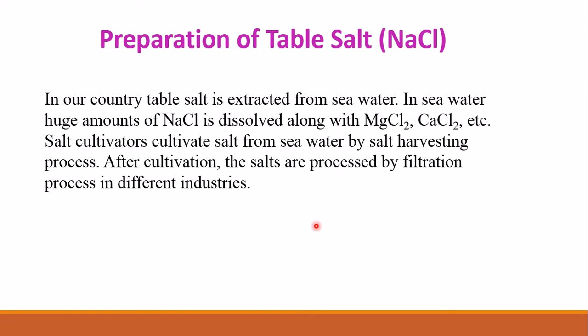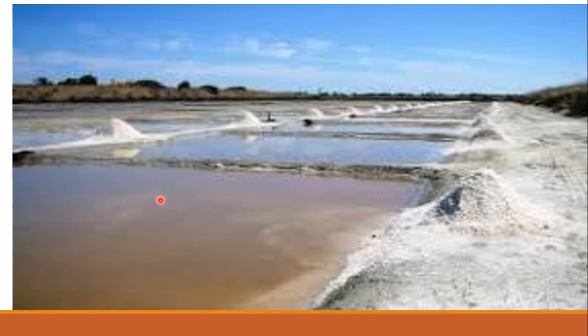Salt cultivators cultivate salt from seawater by salt harvesting process. After cultivation, the salts are processed by filtration process in different industries. These pictures will make you more clear about the cultivation of salt from seawater.